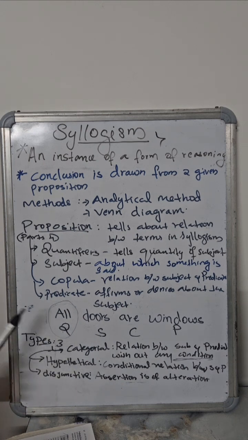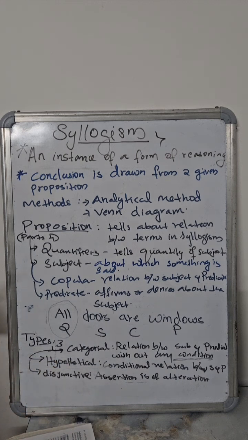Taking an example of a categorical proposition: all birds are animals. Here there is an unconditional relationship between the subject and the predicate, that is, birds and animals. Now looking at an example of a hypothetical proposition: if it rains, students will not come for class. Here it is conditional, right?